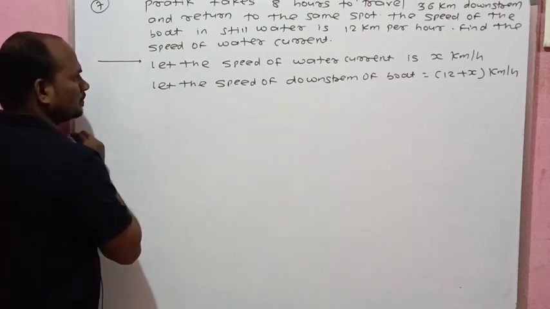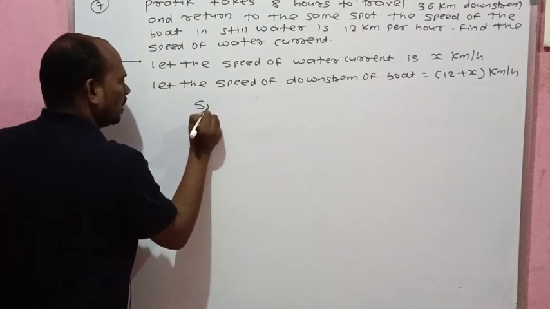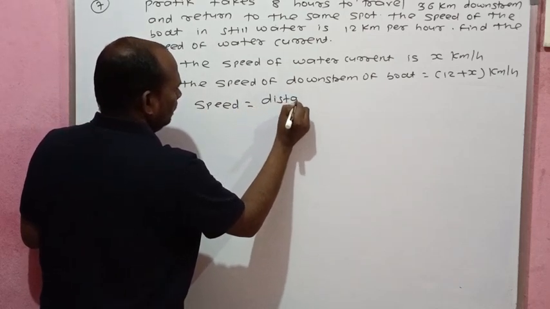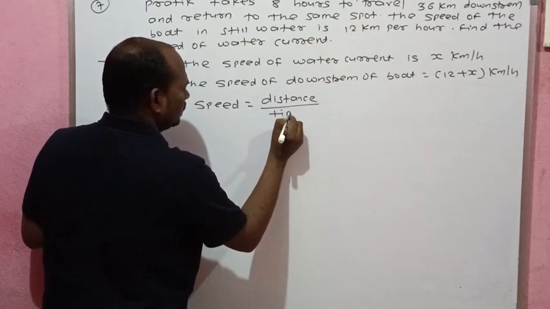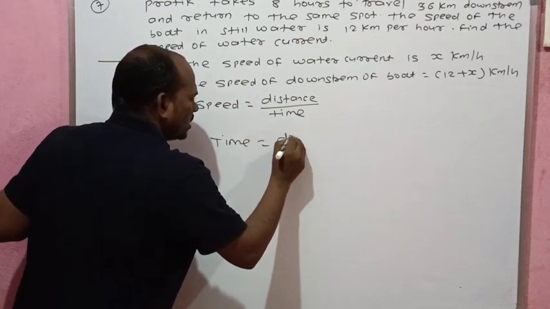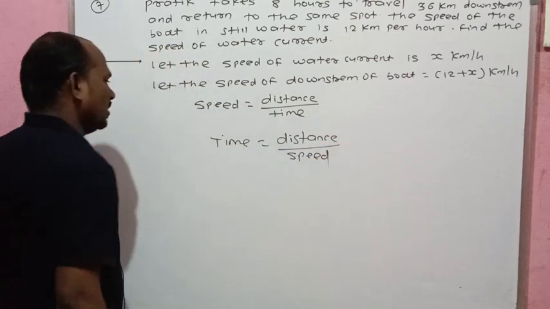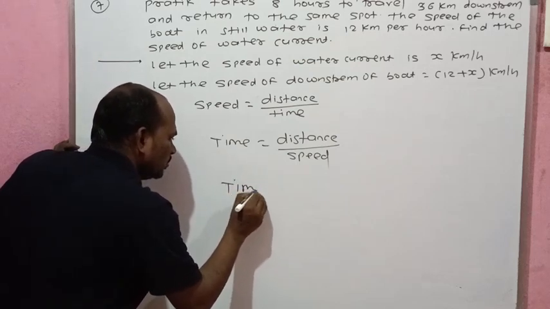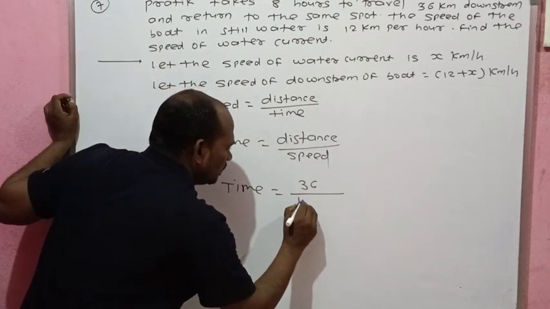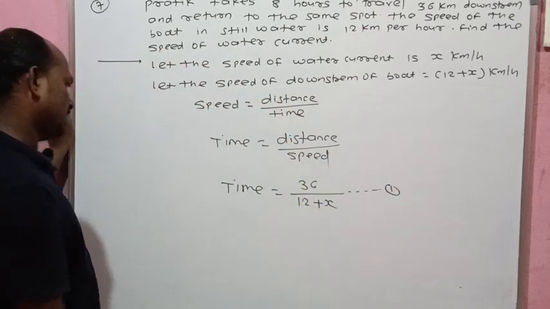Now we know that speed equals distance upon time, so time equals distance upon speed. The distance is 36 and the speed downstream is 12 plus x. That is equation number 1.